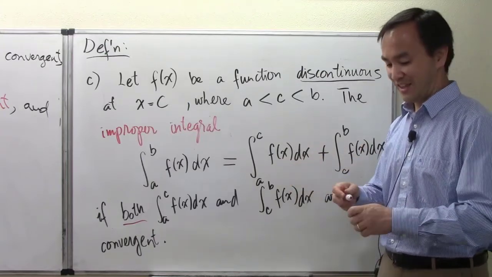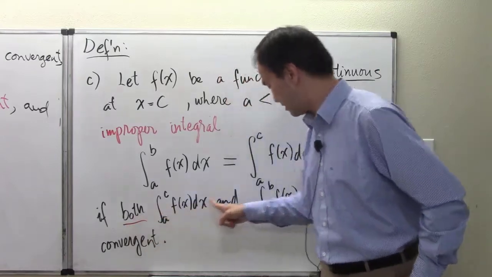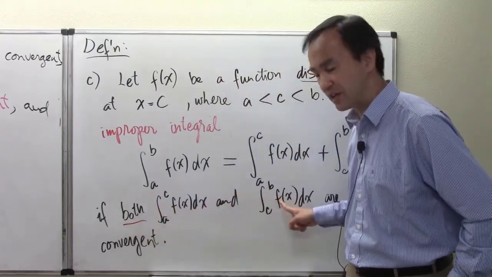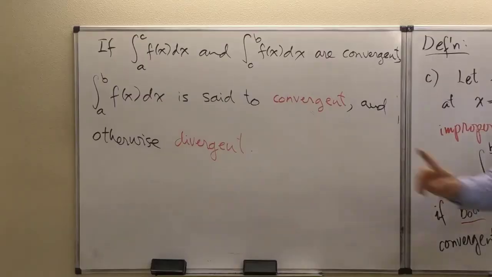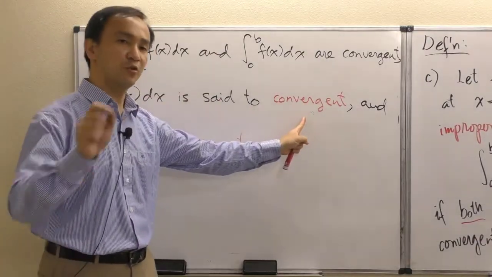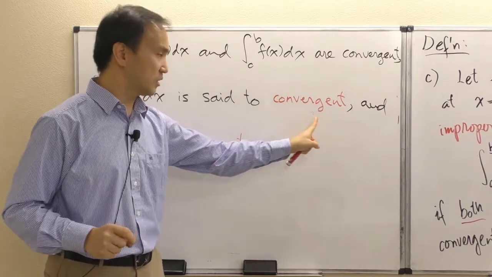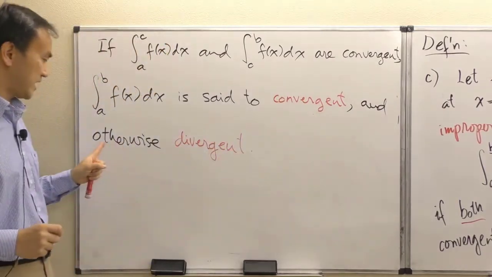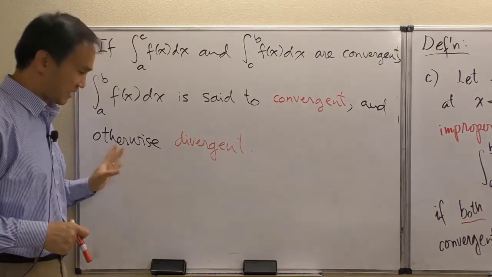Okay, and then in that case as well, once both of these improper integrals that we have investigated earlier are convergent, then the overall integral here is also regarded as a convergent integral. Okay, otherwise, now, when I say otherwise, this term is written short, but it has a lot of meaning.